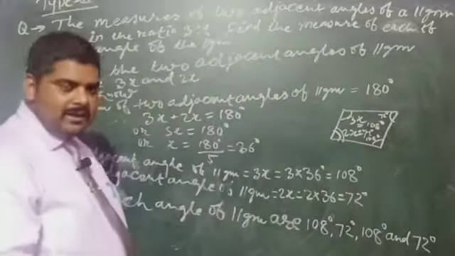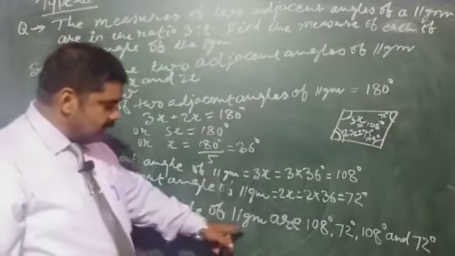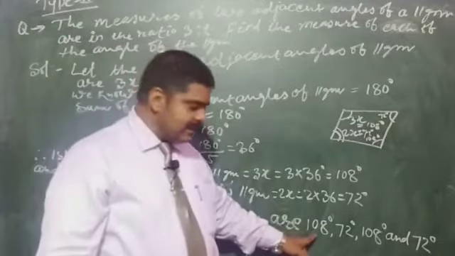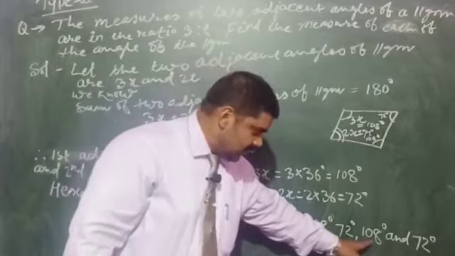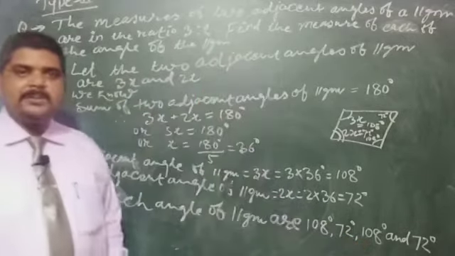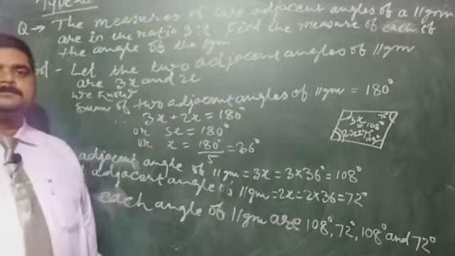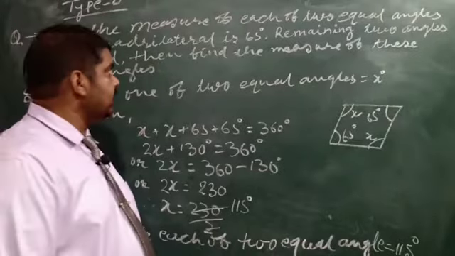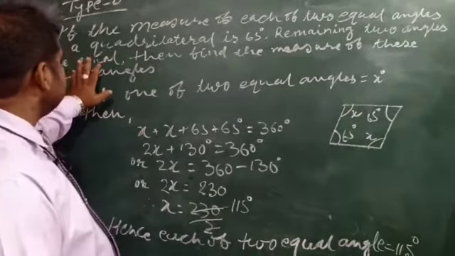So all angles of the parallelogram are 108 degree, 72 degree, 108 degree, and 72 degree.